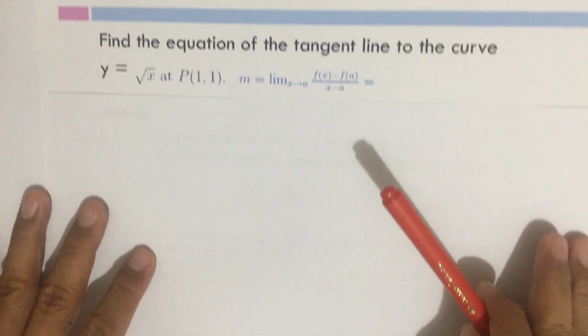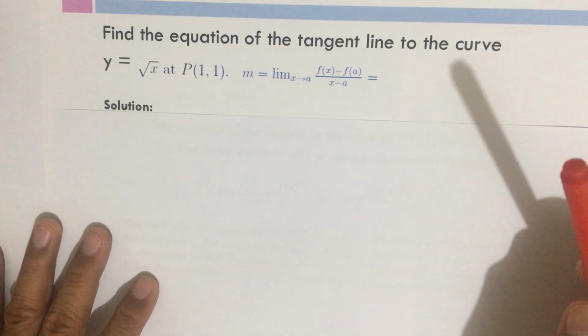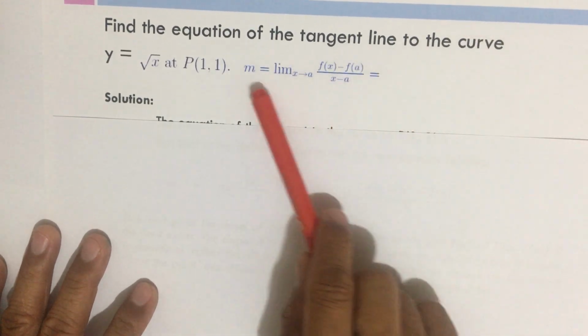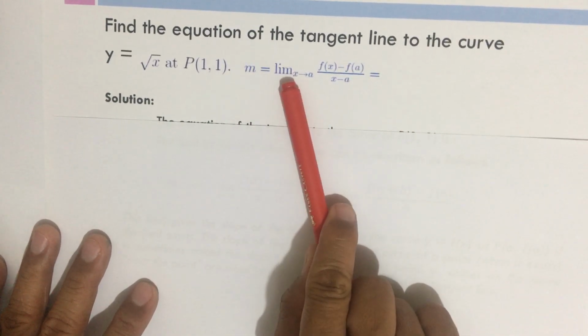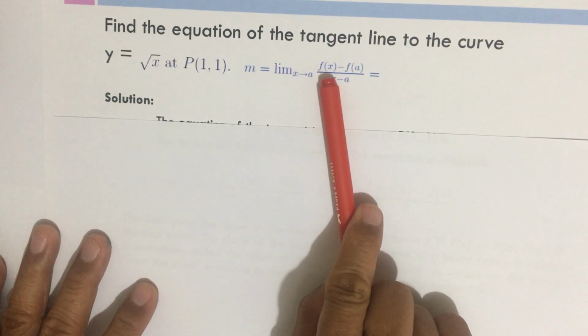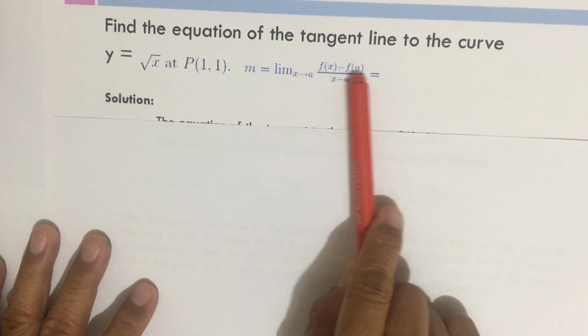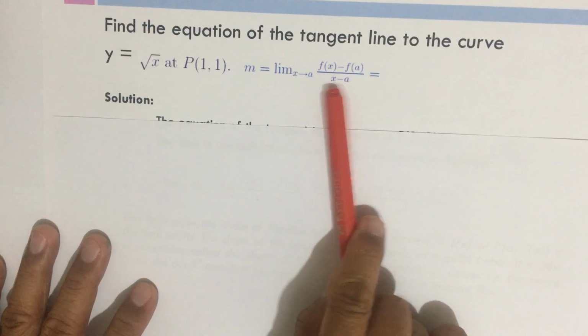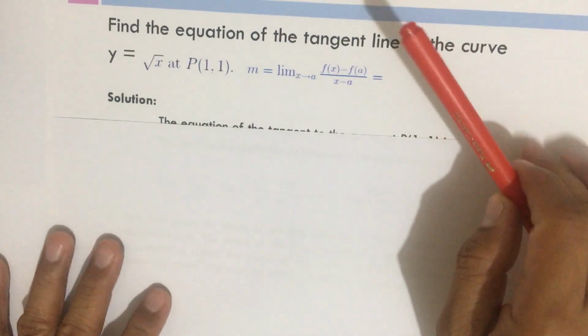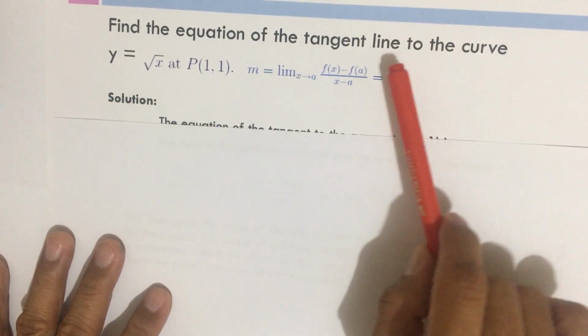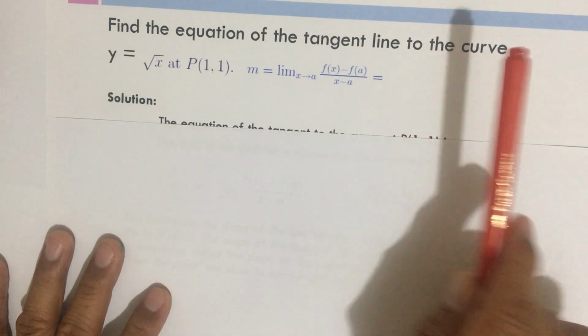In our definition, what we have reviewed in our derivation, the slope is equal to the limit of f of x minus f of a divided by x minus a. I'll show you the right side of this equation later on.